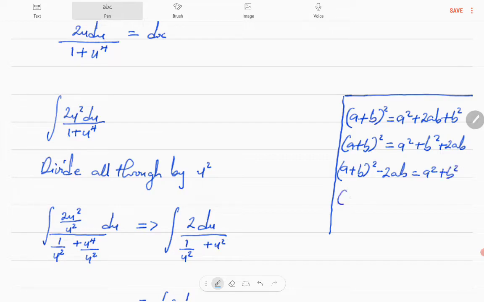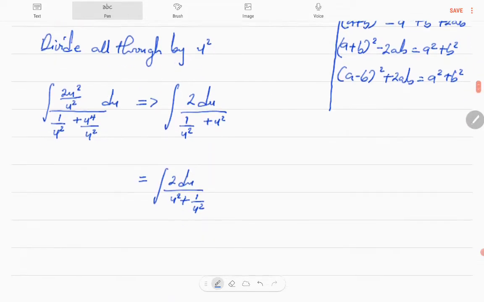And of course, I can have a minus b whole squared plus 2ab still equal to a squared plus b squared. So I'm going to make use of these two ideas here.